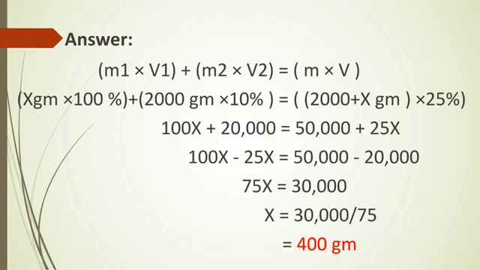So here 100X plus 2000 into 10, that's equal to 20,000. So 100X plus 20,000 is equal to 25 into 2000, that is 50,000, plus 25 into X, that is equal to 25X. Once again, 100X plus 20,000 is equal to 50,000 plus 25X.